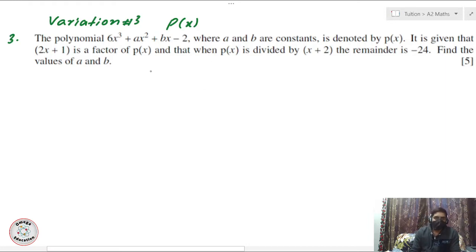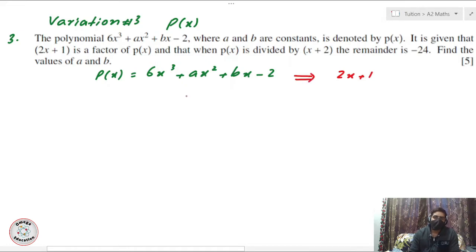Now, if I explain the question, it means this polynomial, 6x cubed plus ax squared plus bx minus 2, denoted by p(x), has a factor which is 2x plus 1. Now, what does that mean?